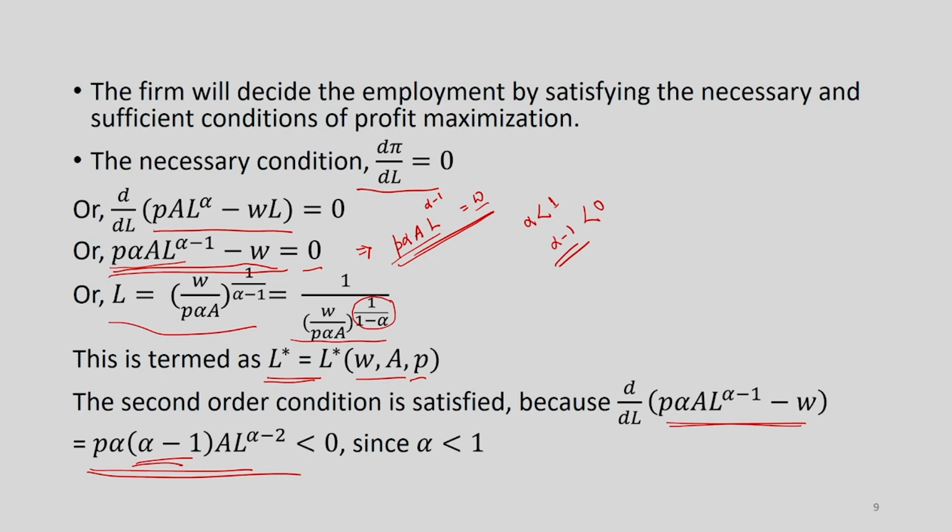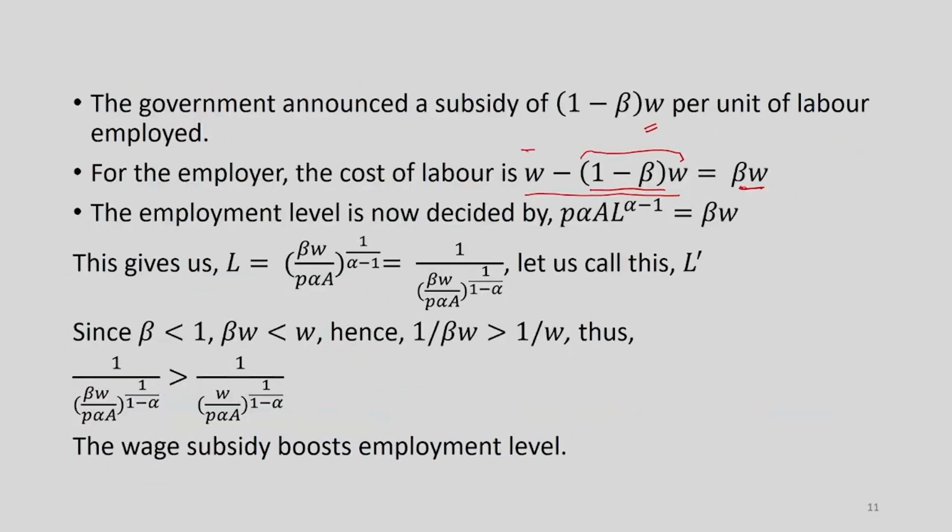Now, what has changed is that the left hand side has remained the same. The right hand side is no longer W. Right now the producer is paying only beta part of that W. So, the producer is paying beta multiplied by W. So, the new condition of profit maximization is this: P alpha A L to the power (alpha minus 1) is equal to beta W.